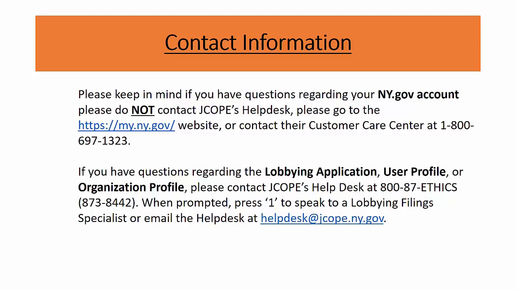If you have questions regarding the lobbying application, including user profiles or organization profiles, please contact JCOPE's Help Desk at 800-87-ETHICS. When prompted, press 1 to speak to a lobbying filing specialist, or email the Help Desk at helpdesk@jcope.ny.gov.